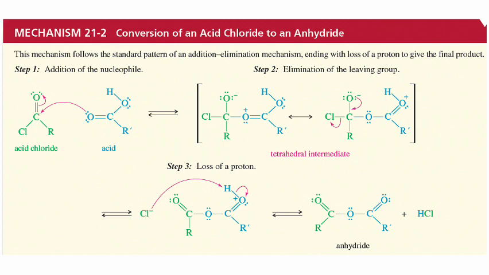We start with an acid chloride and our carboxylic acid. So notice how when we were discussing anhydrides in the nomenclature, we were always looking at symmetric anhydrides, where the R groups on either side were the same. They don't have to be, and in this synthesis that we're looking at right here, we can make asymmetric anhydrides. We start with one of the R groups that we want on our acid chloride.